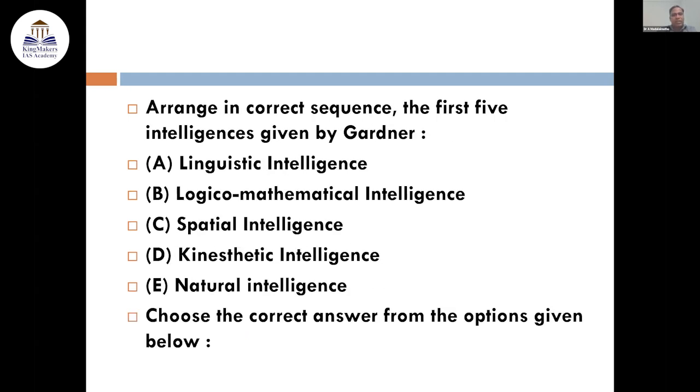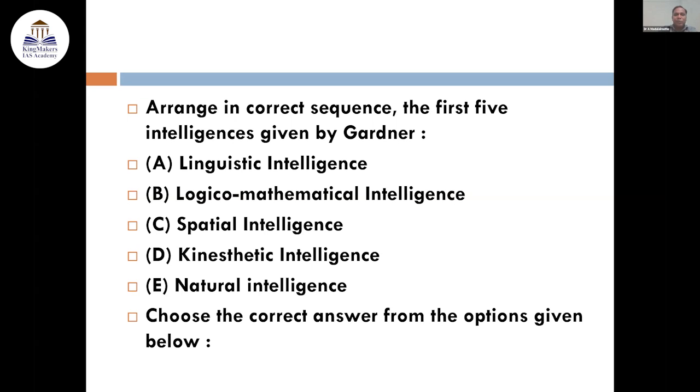So we'll have a practice. Say, for example, earlier they used to ask about the components of the multiple intelligence theory, Howard Gardner, and in which year, the frames of mind. Only such questions were asked: which is given by him, which is not given by him. But now it's arrange in correct sequence, so you need to have a chronological understanding.